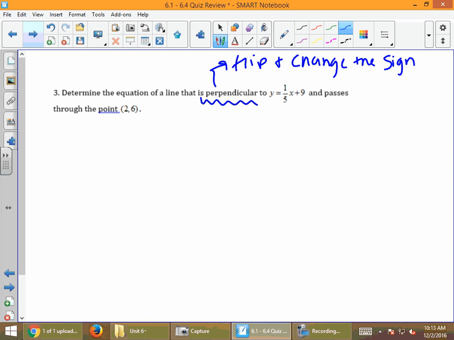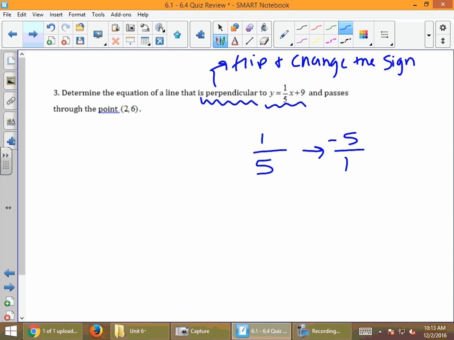So what's the slope in that equation? Well, before we go through the process, what's the slope in this equation? The original one. This guy. What's the slope of that one? 1/5. Okay? So then, exactly as Grace did it, when we flip it, what does that give us? Flip it, and it gives us 5/1, and then we change the sign, so it becomes negative.